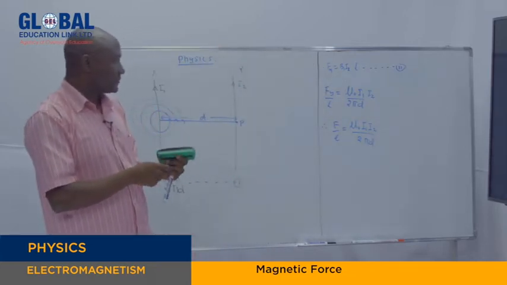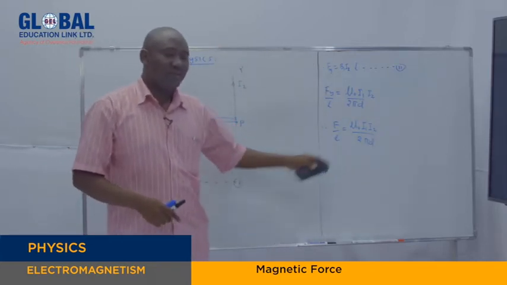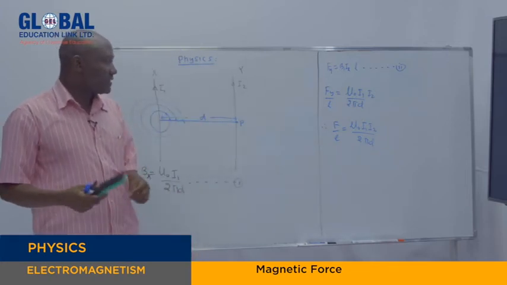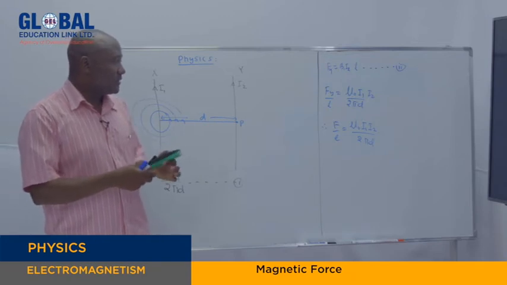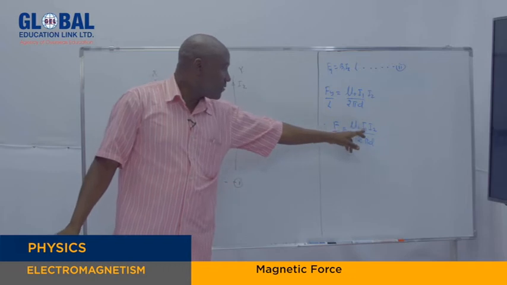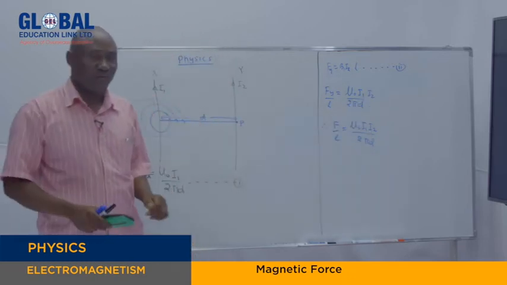And I said you can talk of the force if this length is given. If this is a long wire, we talk of the force per unit length. But if we are looking for the force on a particular wire whose length is given, it's mu I1 I2 times length over 2 pi d.